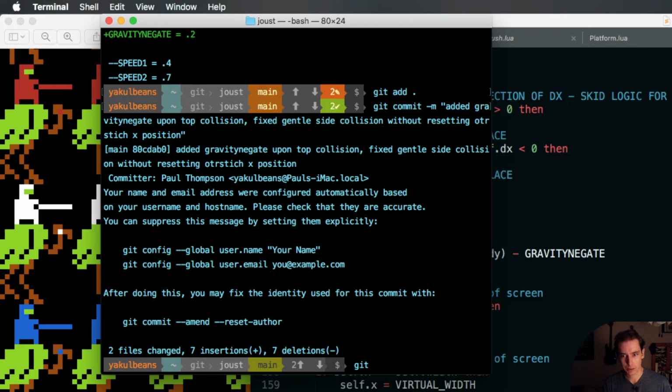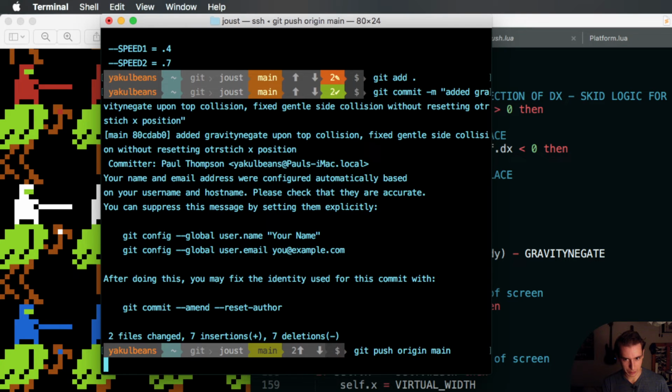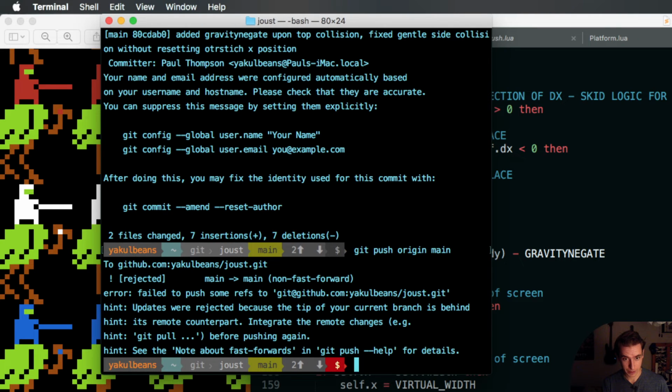So we git commit, and we're going to git push to our origin repository on our main branch. I don't like the look of this.